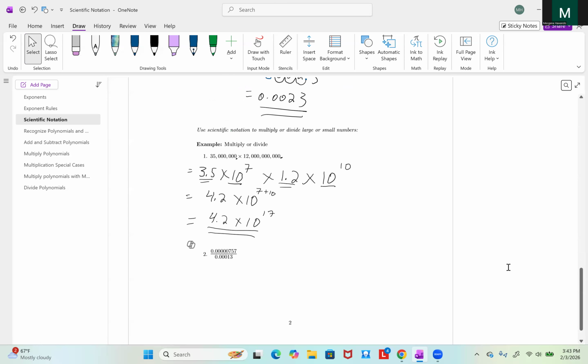Example, divide. This is in decimal notation, so we need to first write each number in scientific notation. For the first number in the numerator, we bring the decimal between 7 and 5. So 7.57 times 10 to the power of, since we are moving it to the right, the exponent is negative. We count 1, 2, 3, 4, 5, 6 places, so -6.